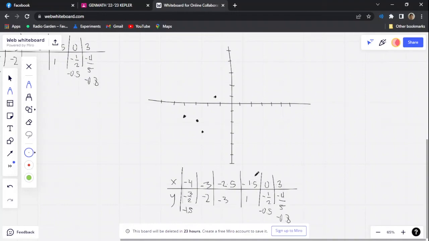So 0 on x, so here, and negative 1 half, 0.5, so here. Next is 3. So 3, then negative 4 over 5, which is negative 0.8. So 1, 2, 3, then 0.8, so here.